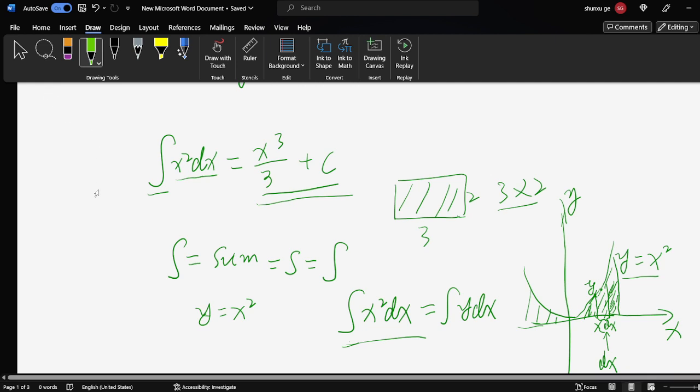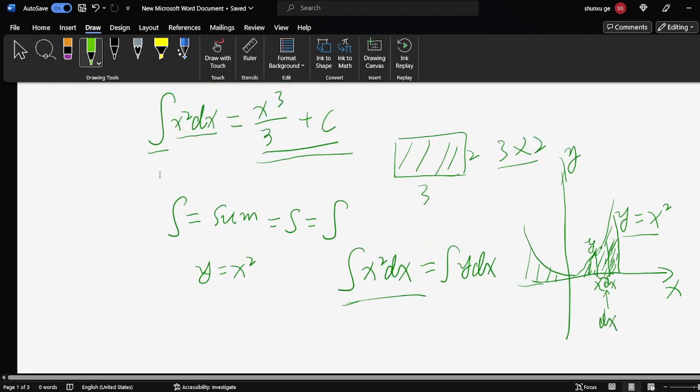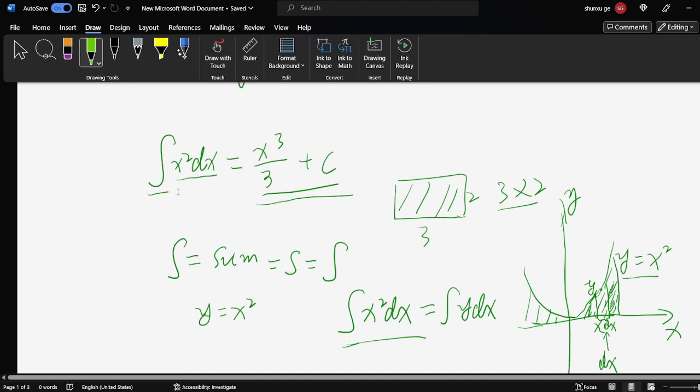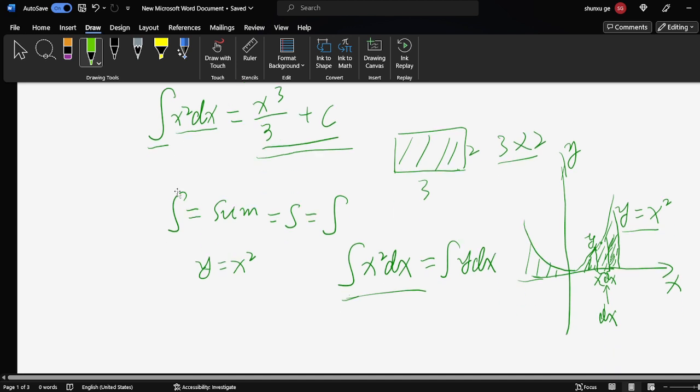So now you know integral gives you area. This is a sum.